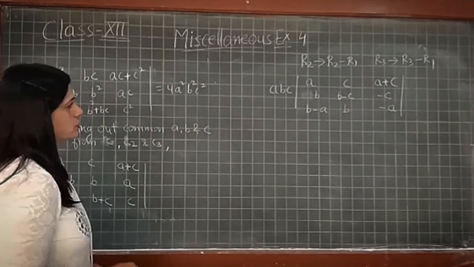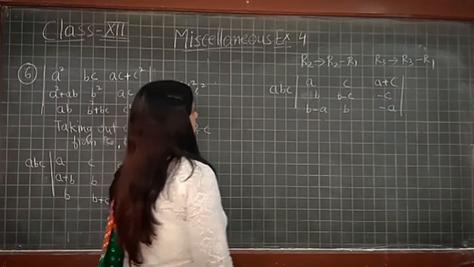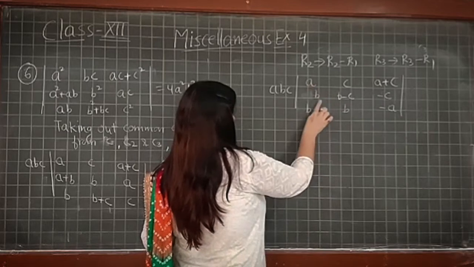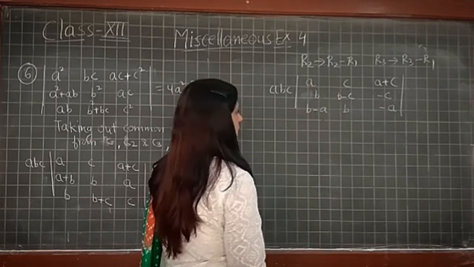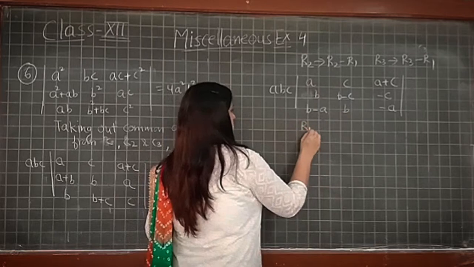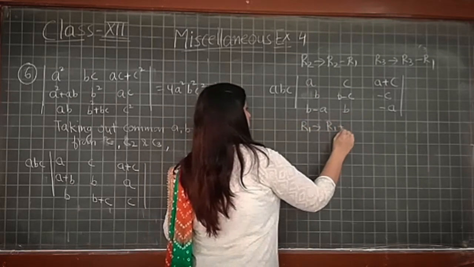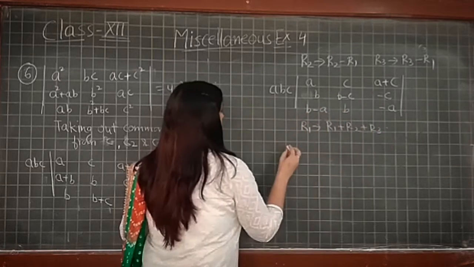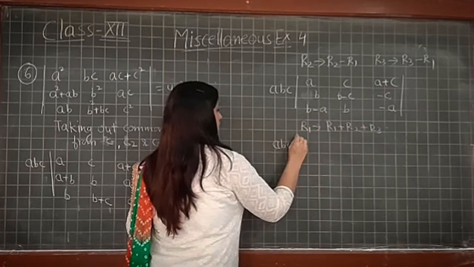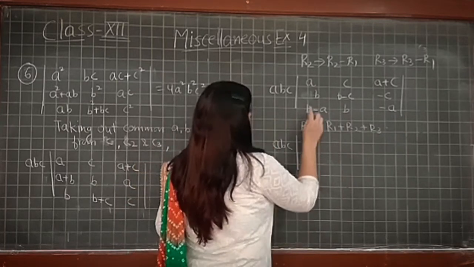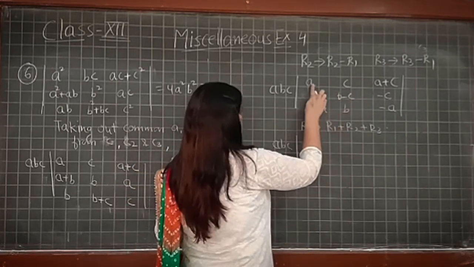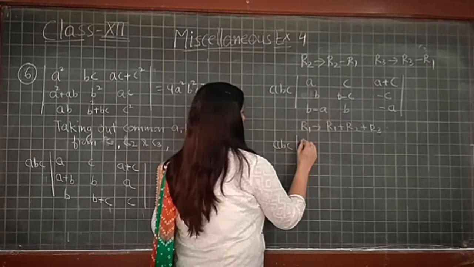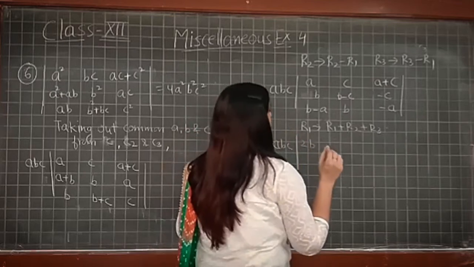Now what to do? Again, if you add these 3, this C will be cancelled. Now you can change R1 to R1 plus R2 plus R3. So you will have ABC into, all the 3 rows will be added, A plus B and minus A will be cancelled and you will have now 2B.